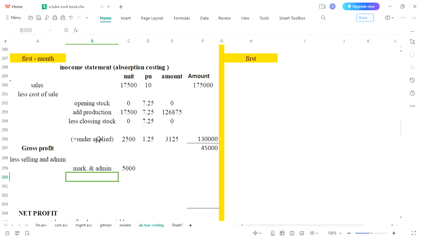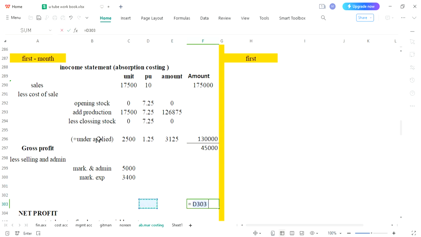So 3,400 would be your second marketing expense. Now for total marketing and selling expenses, you have 5,000 and then 3,400. These are two types of marketing and selling expenses.